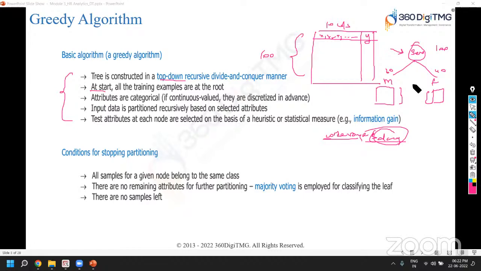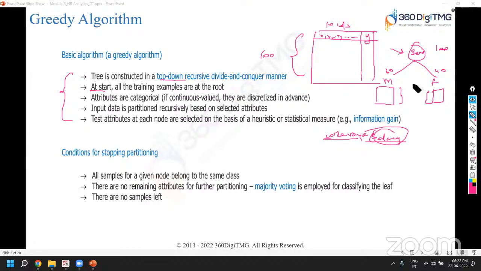We generally convert this into a discrete fixed set of options. For example, salary can be level 1 salary, level 2 salary, level 3 salary, or you can put any levels that you wish. At a socioeconomic status level, we can say high salary employee, mid level, and low level.